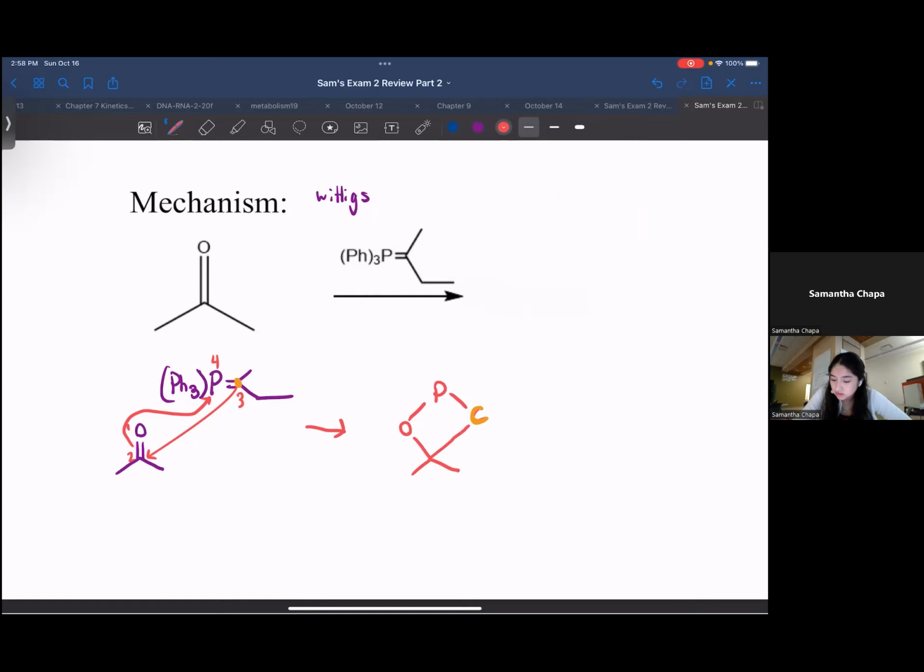We're going to have to add the substituents so that we don't forget anything for this reaction. So on 1, 2, 3, 4.